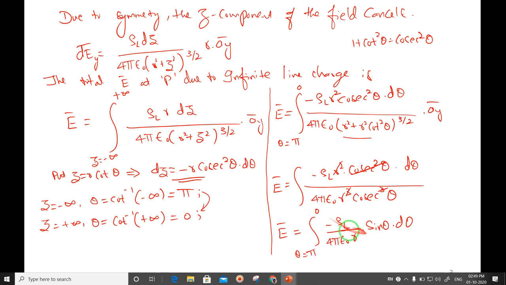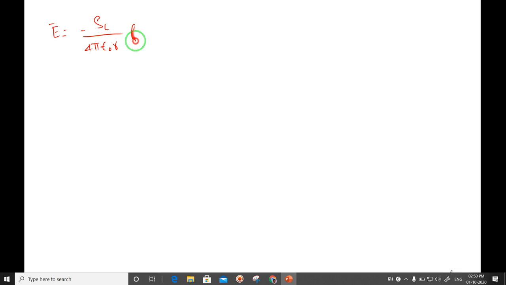So E vector is equal to minus rho L by 4 pi epsilon naught r, r is taken out, it is constant. Integration of sine theta is minus cos theta. So minus cos theta, and this minus is there already. And theta is varying from pi to 0.